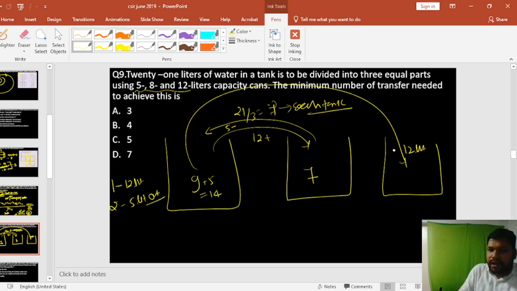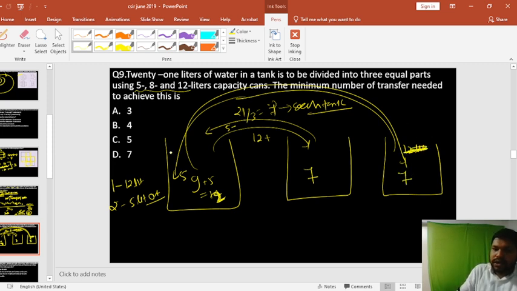Okay, and again you fill 12 liters, and again take out 5 liters here. See, 12 liters if you take out, then here 2 liters is remaining. Okay, and again if you take out 5 liters, then here 7 liters, and here the 2 liters will get filled, because 5 liters you are taking out, then 5 plus 2 is 7. So in all of them it is 7.